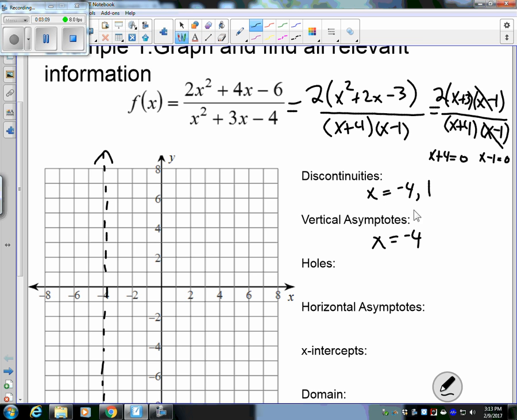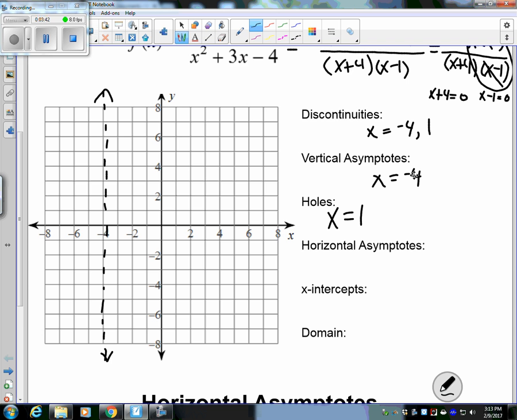So negative 4 of the discontinuities was the vertical asymptote. 1 then is the hole. So in the graph, wherever the graph crosses x equals 1, we'll put a hole there. The holes are also created by the numerator and denominator when they cancel out. This is what creates a hole in your graph when it comes to the equations.